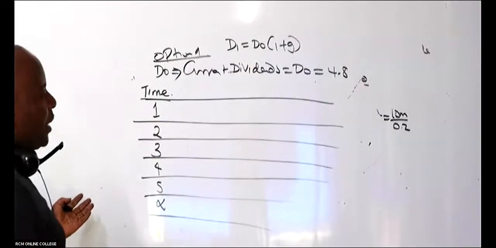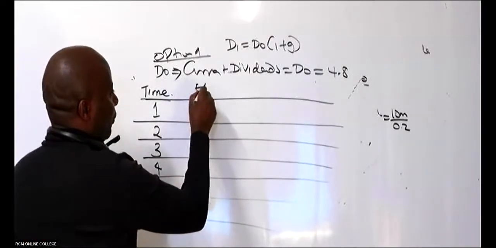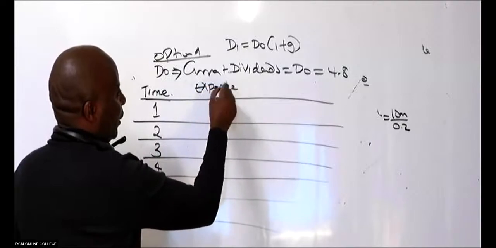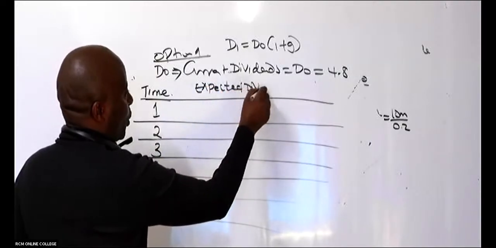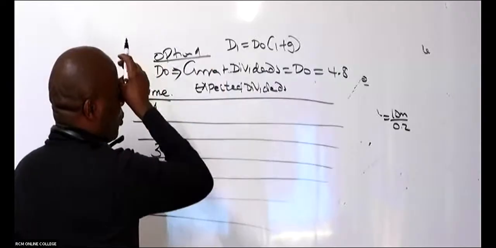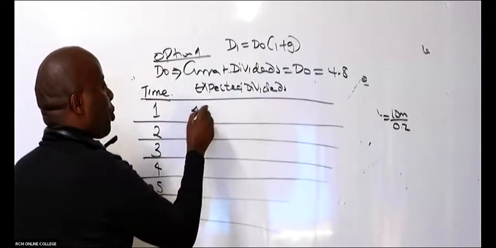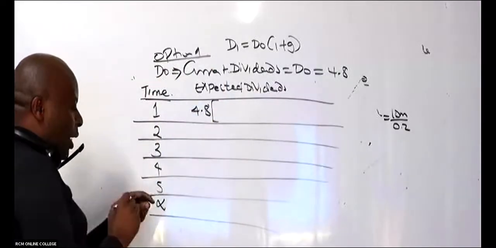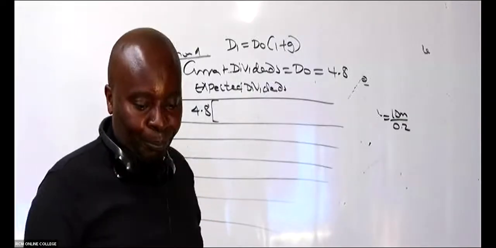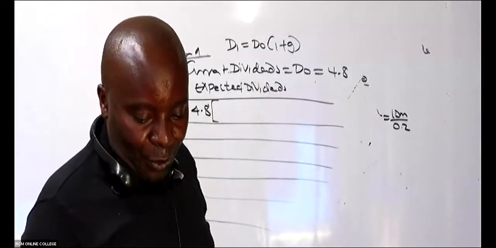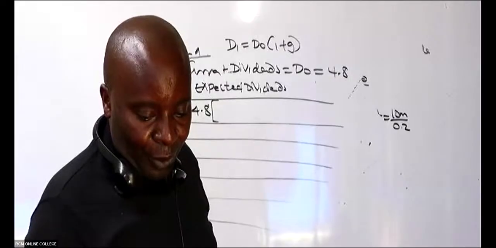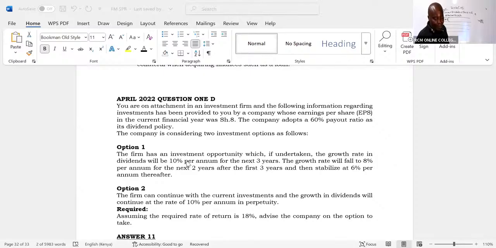So in this case, let's get the expected dividends. They have told us we start with 4.8. For the first 3 years, the growth rate will be 10% per annum.